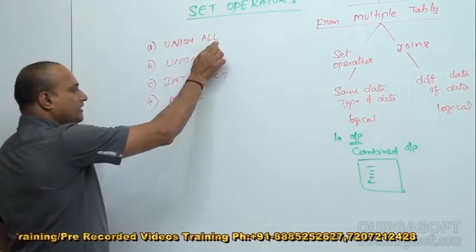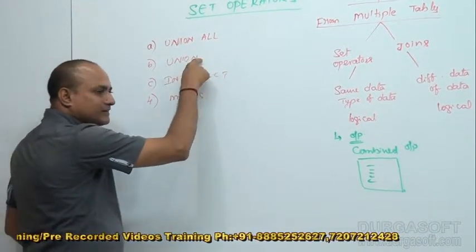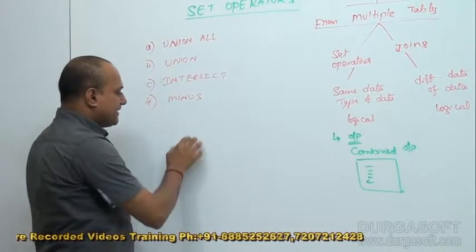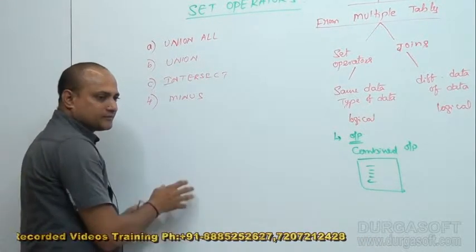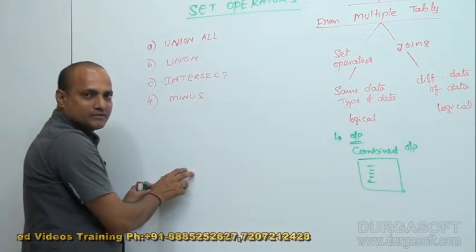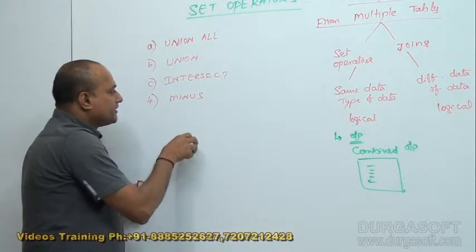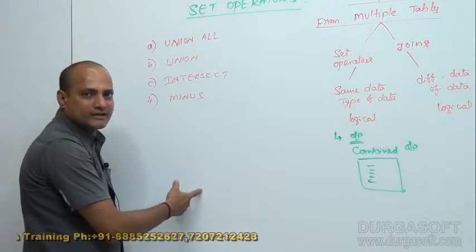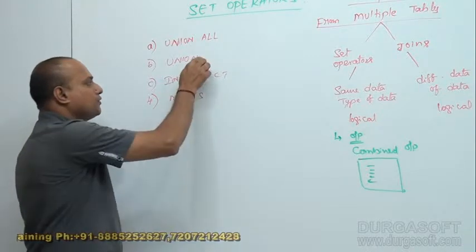That is union all. Whereas the union operator will display only unique records based on selections. It will check whether any record is duplicated in the next select, and then it will not display any record more than once. That is the union operator.